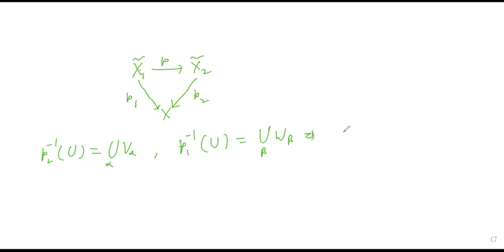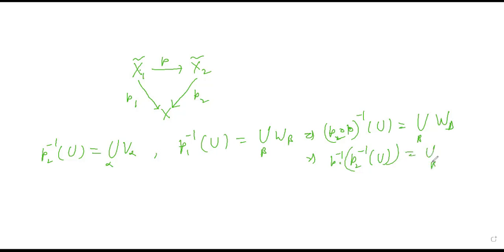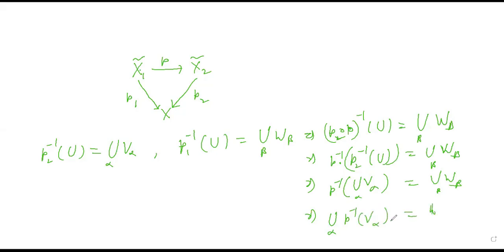Because this diagram is commutative, so you have P composed P2 inverse U equal to union of this W beta, which implies P inverse P2 inverse U, this you can write like this, equal to union beta W beta, which implies P inverse of this P2 inverse U is this, the union of alpha V alpha equal to beta W beta, which implies this you can write as union of alpha P inverse V alpha equal to union of beta W beta, right?